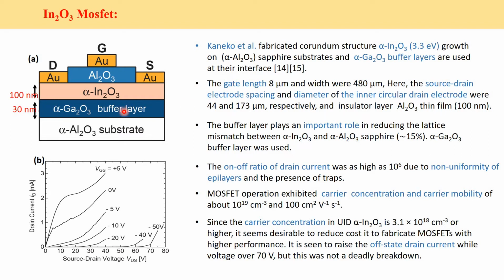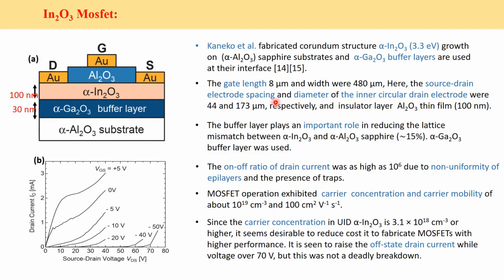So what is the importance of the buffer layer? Its main work is to reduce the lattice mismatch between the material and substrate. As a result it will improve the crystal quality at the interface and reduce defects. So finally it will improve the electrical characteristics.